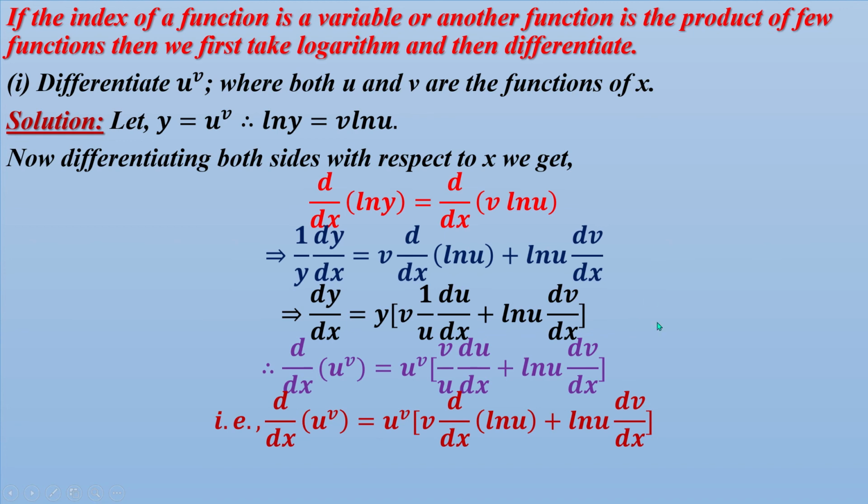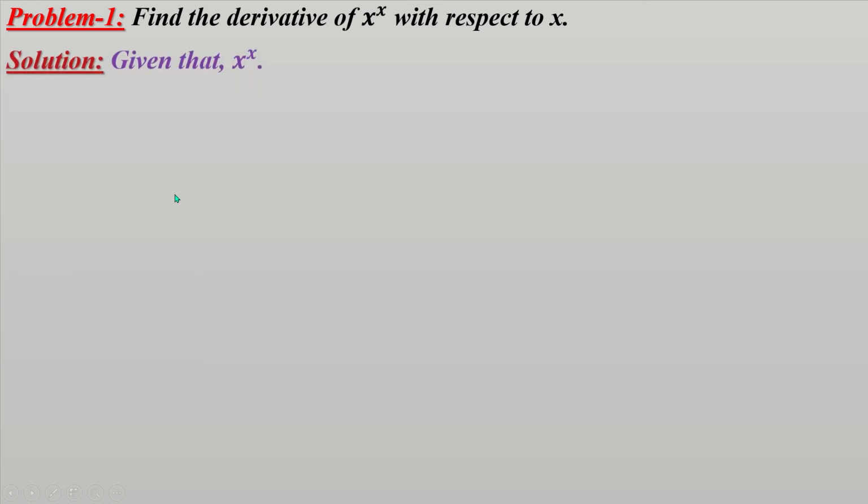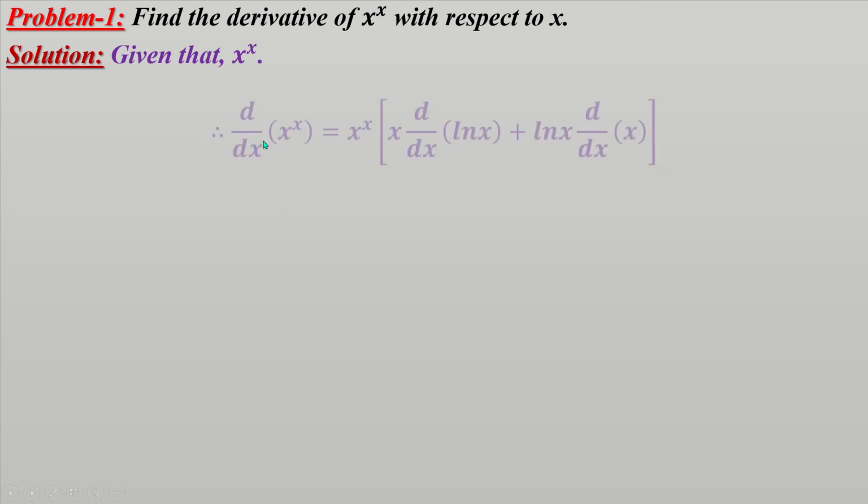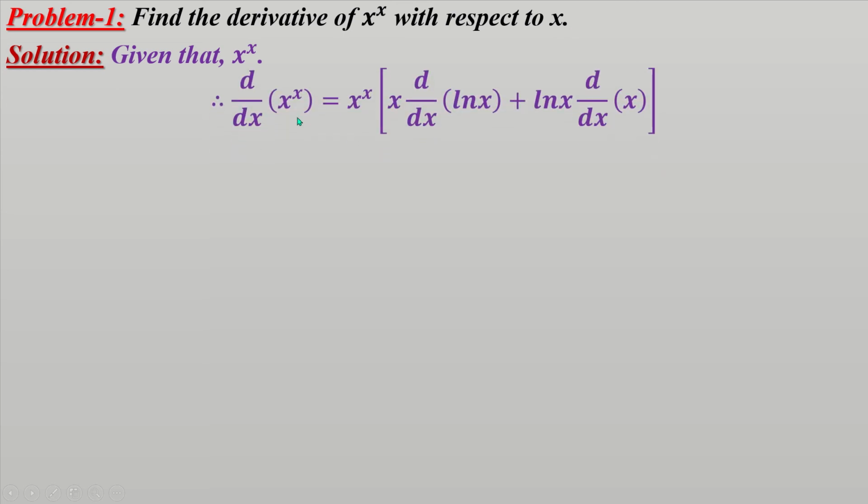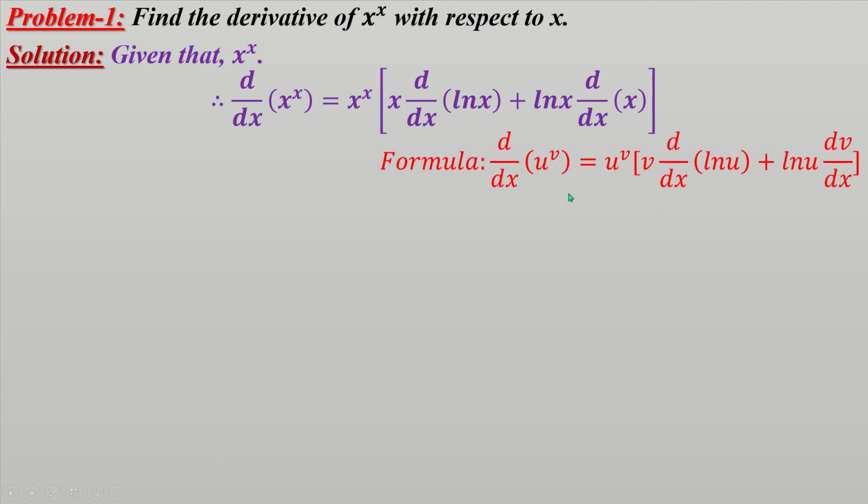That means exercise G. Problem 1. Find the derivative of x to the power x with respect to x. Therefore d/dx of x to the power x, by using the formula, is x to the power x d/dx of ln x plus ln x d/dx of x.